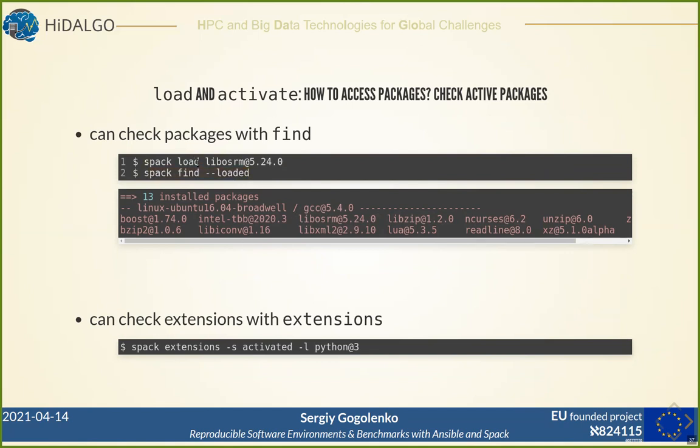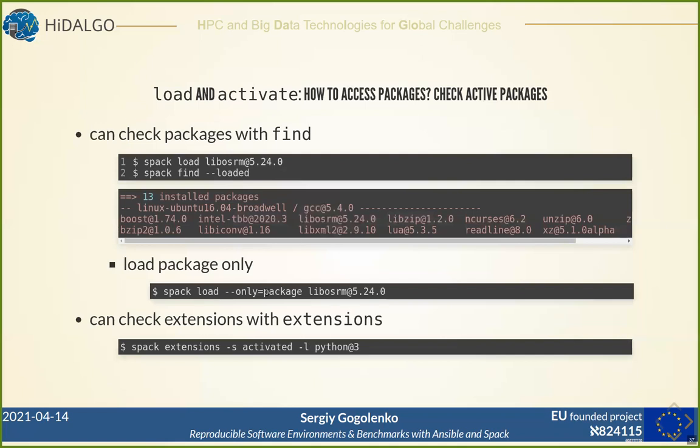For example, here I load the libOSRM library and try to list what packages will be loaded afterwards. And basically it loads a lot, not only libOSRM. If you want to load libOSRM, it also loads all dependencies of libOSRM. But if you want to load libOSRM only, you can use the option only package.